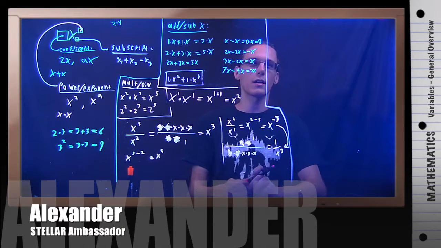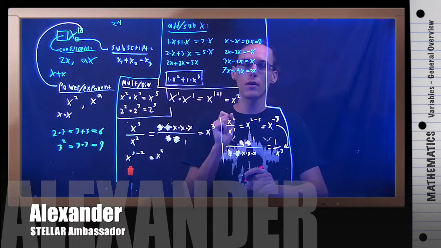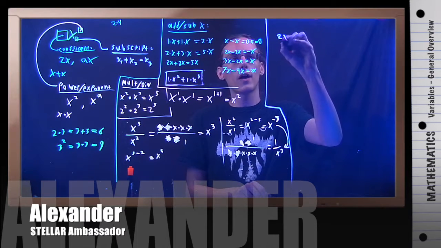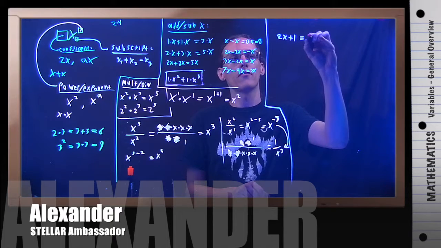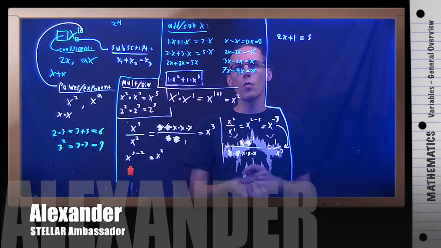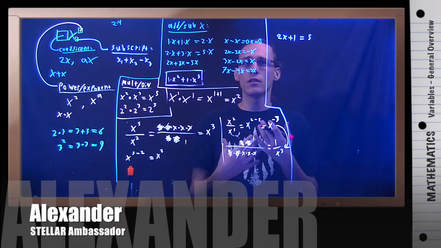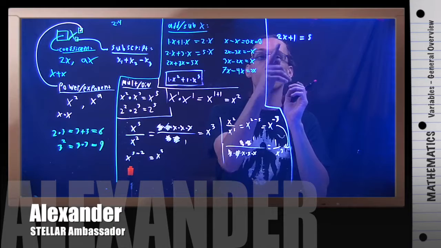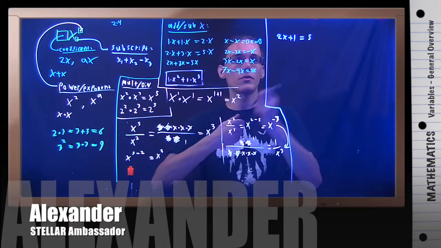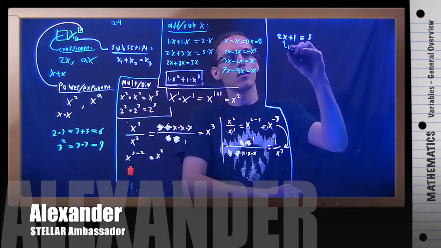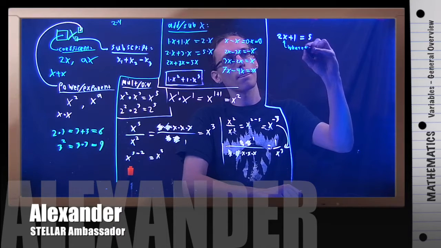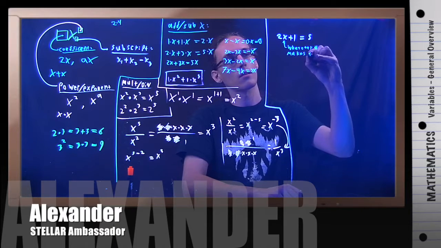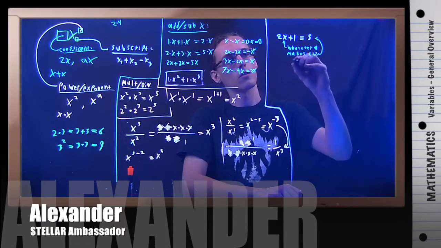And there's two different ways that I could not know what x is. Here's an example of one. Say I had 2x plus 1 equals 5. Well, here what's going on is I just don't know what x is until I look at this and think about it and figure out what works. So what x represents here is whatever number makes this true.